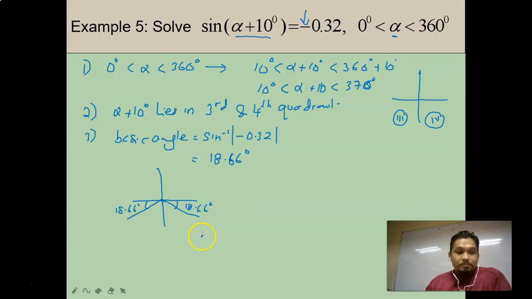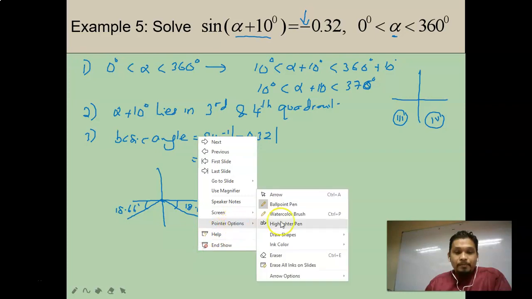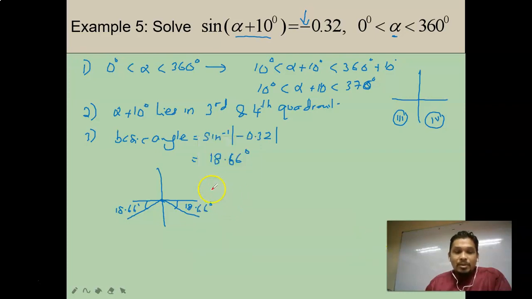Okay, now we use a different ink as usual. The angle that we're looking for here is from here 180 and ends up here, and another one here ends up here.